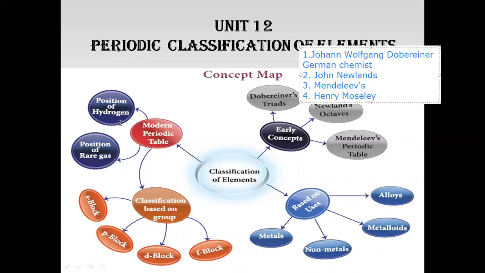So next class, we will deeply discuss these topics: the early concepts of Döbereiner's triads, Newlands' octaves, Mendeleev's periodic table, and the modern periodic table; the position of hydrogen and the rare gases; how elements are classified into s block, p block, d block, and f block; and what is meant by metals, non-metals, metalloids, and alloys. Next class we will discuss them deeply.